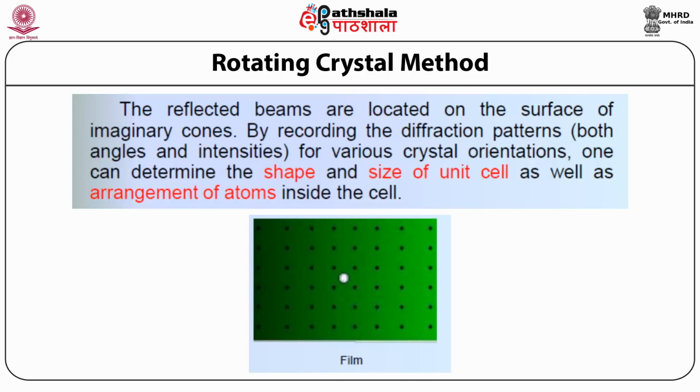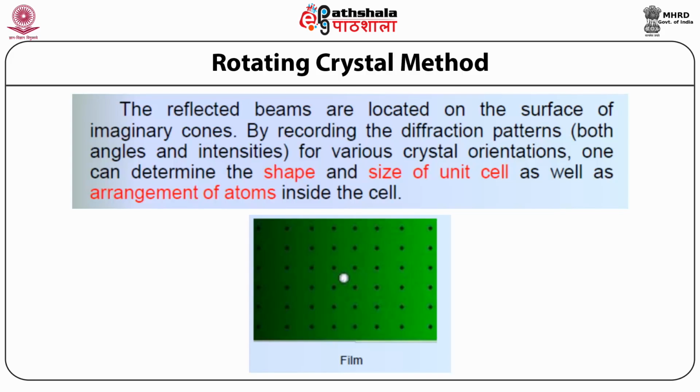So the best way is to put it in X-ray and rotate it, and for a given angle record the spectrum, and that spectrum will help us understand along which axis you have a larger unit cell, a larger lattice constant, along which direction you have a smaller lattice constant, or in a way you can identify the symmetry of this crystalline structure using the rotating crystal method.